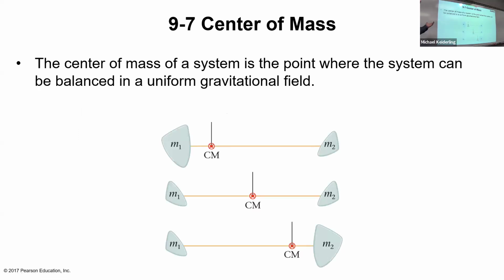So, we were talking about center of mass. Center of mass is the point where the system is balanced in a uniform gravitational field. Center of mass is the sum of mass i times x i over the sum of the mass i.